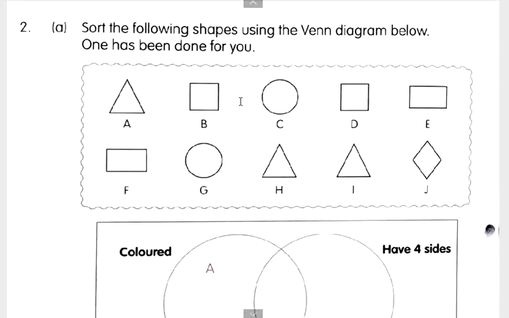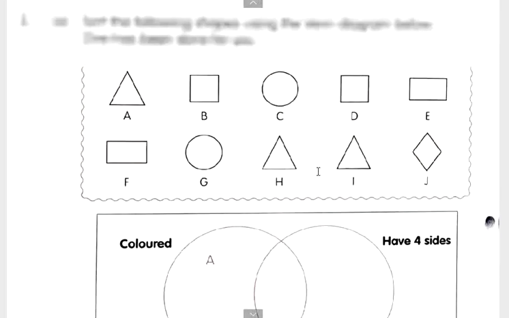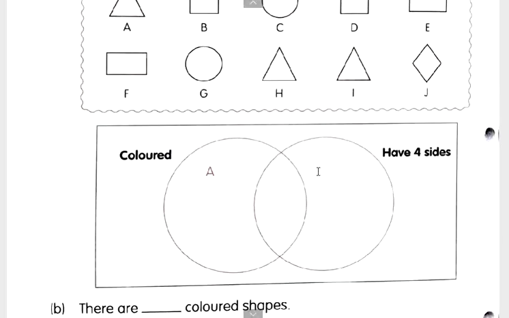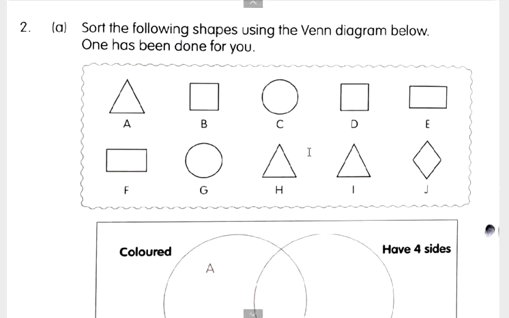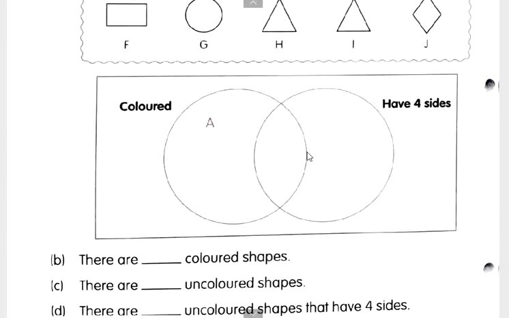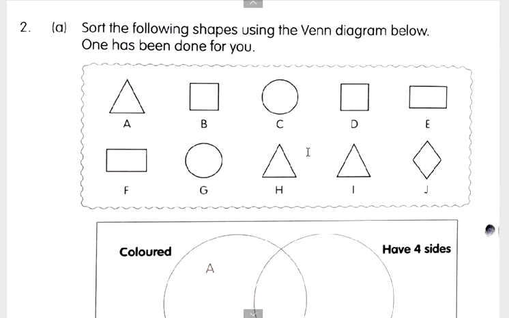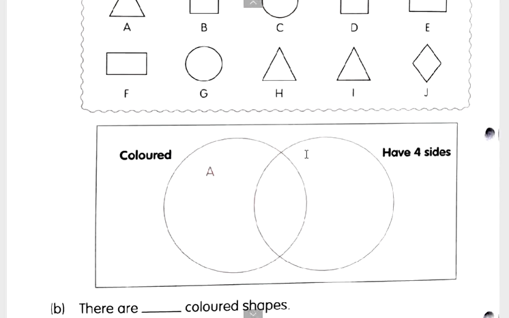Okay, we have 10 pictures here and the Venn diagram. So how to sort? Following shape. Okay, so the first circle here refers to the color.